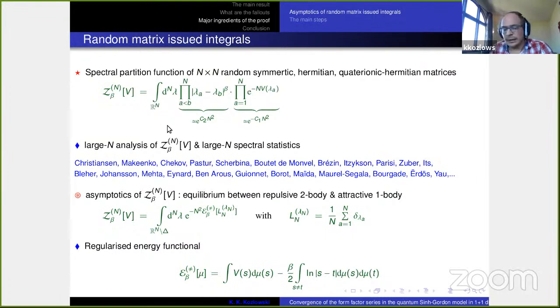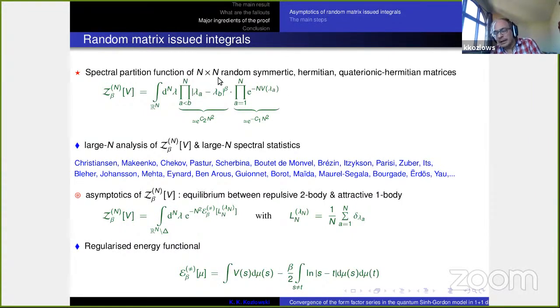What is the overall idea? Well, you have a two-body interaction which is repulsive. So roughly, for a typical distribution of integration variables, it is some constant to the power n squared, because you have n squared terms, and you have a confining potential which goes like e to the minus n times V. So you have n terms. V is typically of order 1.